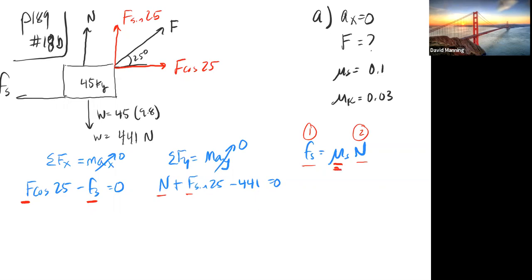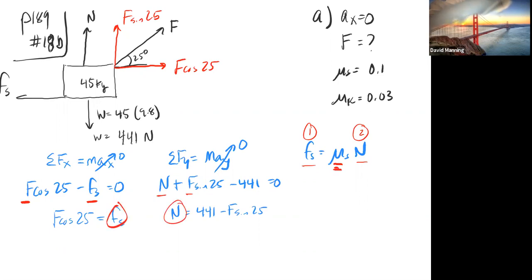Let me show you how to do this. If we rearrange this equation for fs, we have F cosine 25 equals fs. And in the middle equation, we have N equals 441 minus F sine of 25. See how I solved for fs and N?